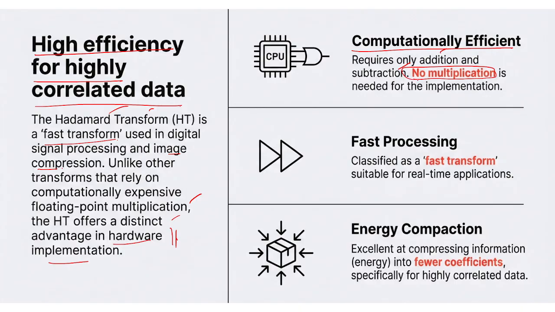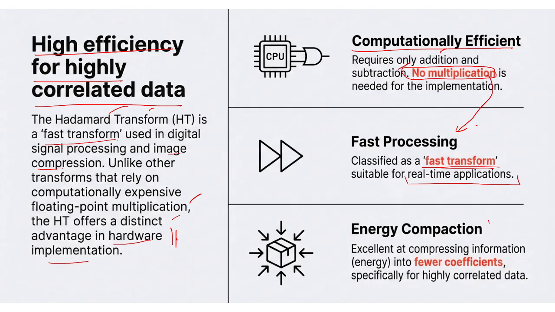Multiplication needs higher computational complexity for the implementation, and since there is no multiplication, the processing becomes fast, and hence the Hadamard transform is regarded as a fast transform. Hence it has been commonly used for real-time applications.